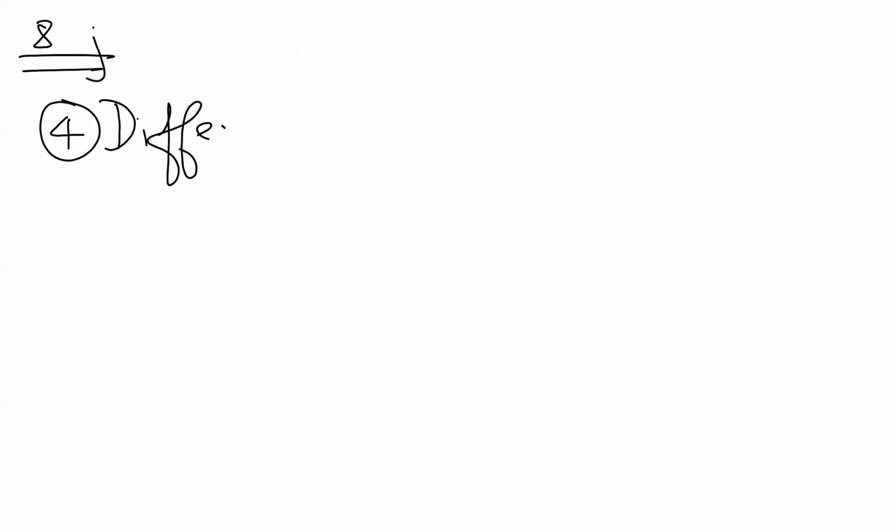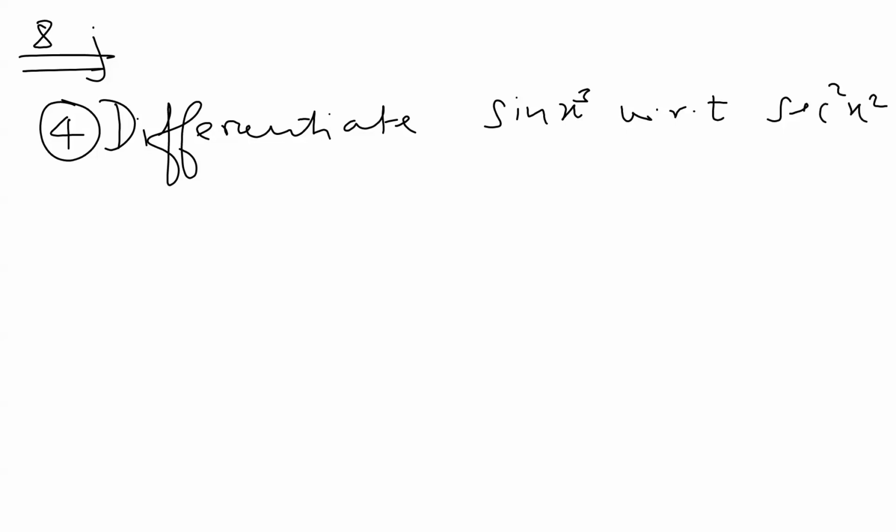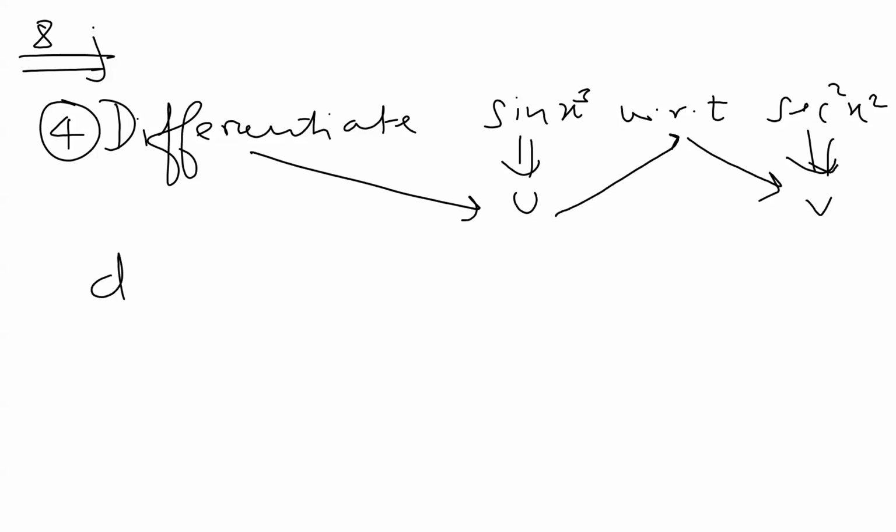Okay, differentiate sine x cube with respect to sec square x square. So let this be u and let this be v. So this format you remember. Now read this way.